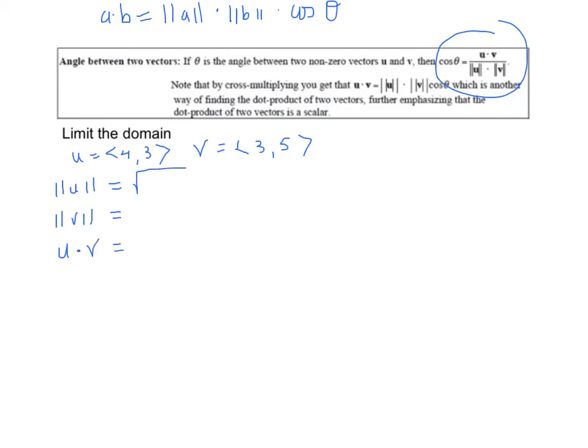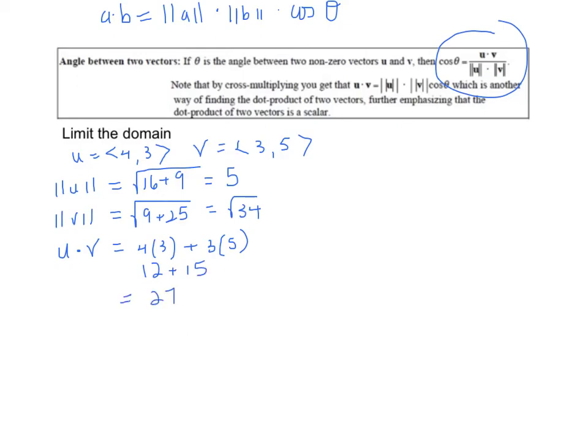So the magnitude of u is 16 plus 9, which is the square root of 25, which is 5. The magnitude of v is 9 plus 25, which is the square root of 34. And u dot v is going to be 4 times 3 plus 3 times 5, which is 12 plus 15, which is 27.